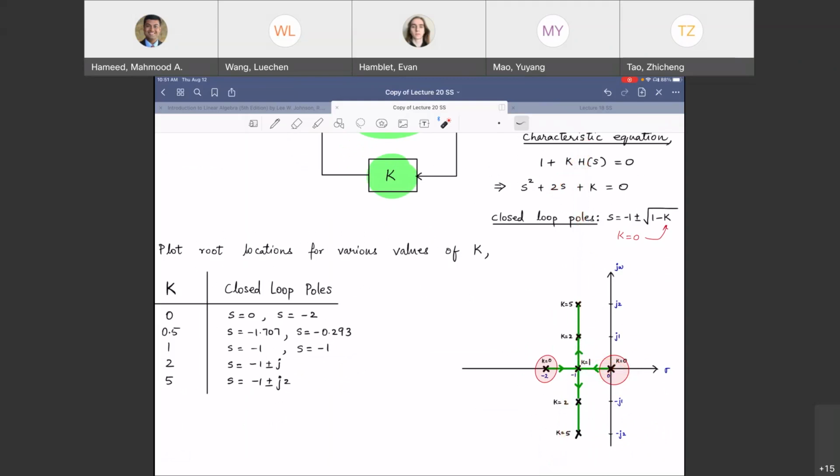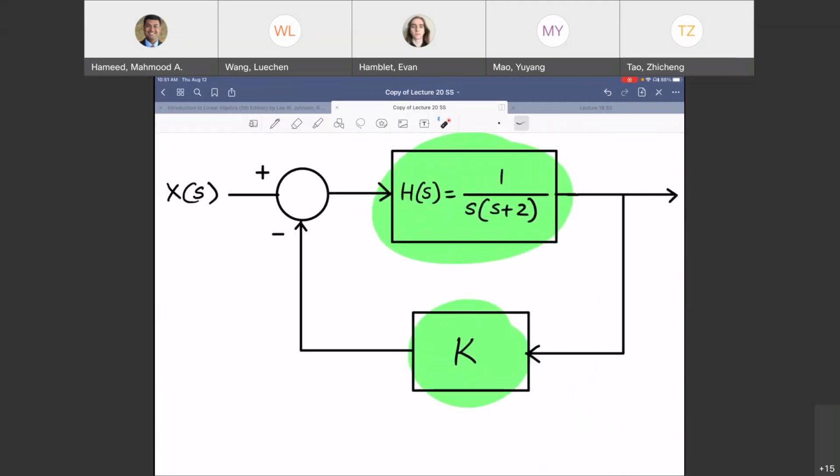How is the root locus being tracked? You are changing the value of K from 0 to infinity. So as you change the value of K from 0 to infinity, you are actually controlling how much negative feedback you are applying to this system. As you can see, if K is infinity, what happens then? You are applying all of the feedback, right?